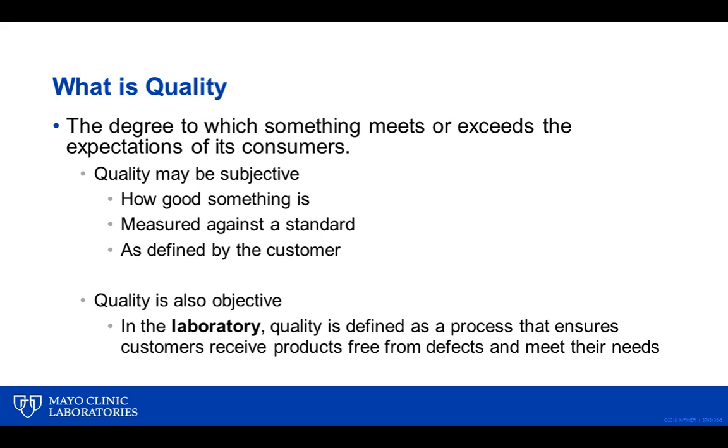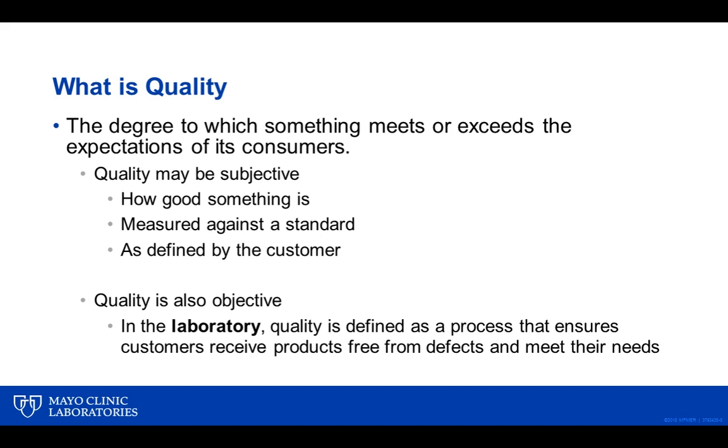We're measuring this against some kind of standard. The question is who is setting the standard. So this is a very subjective description because we're saying to the degree at which something meets or exceeds a customer's expectation, and this is defined by the customer.